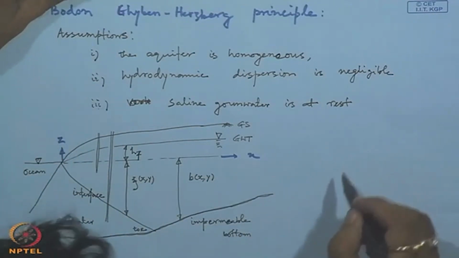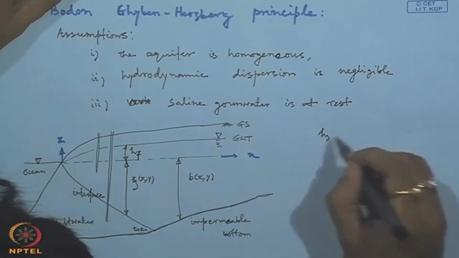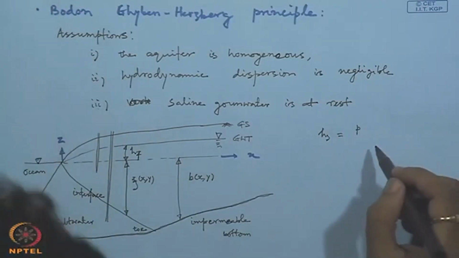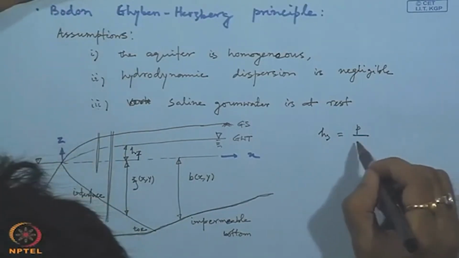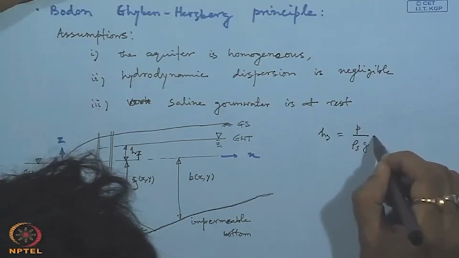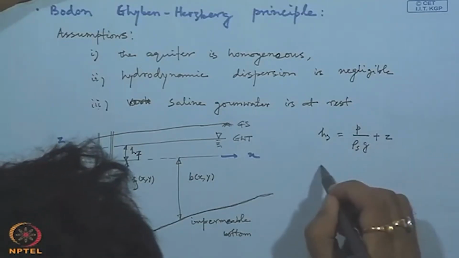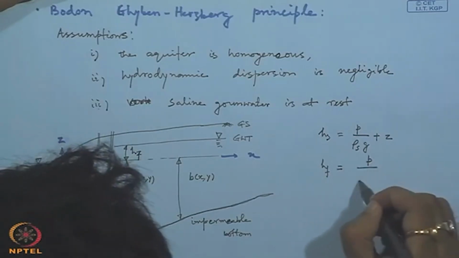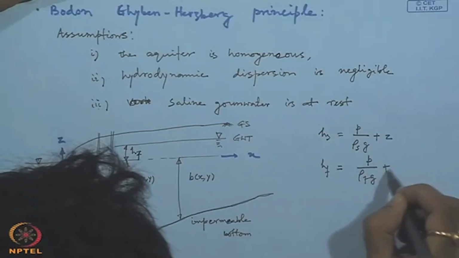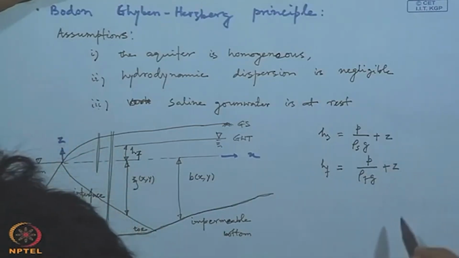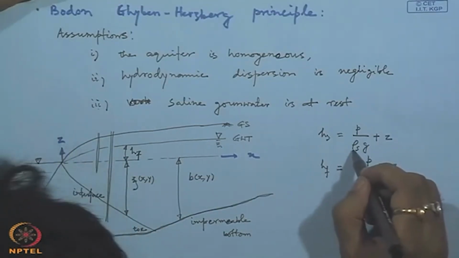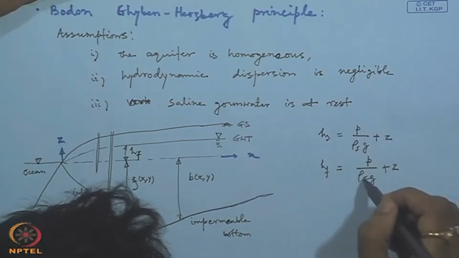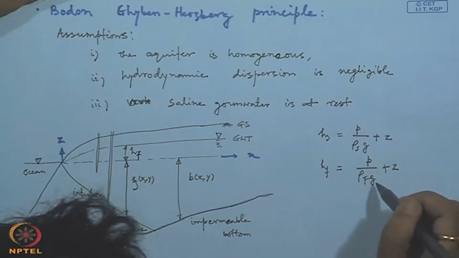So, from this one we can write that h_s equals to p by rho_s g plus z, and h_f equals to p by rho_f g plus z, where rho_s is the density of salt water and rho_f is the density of fresh water.